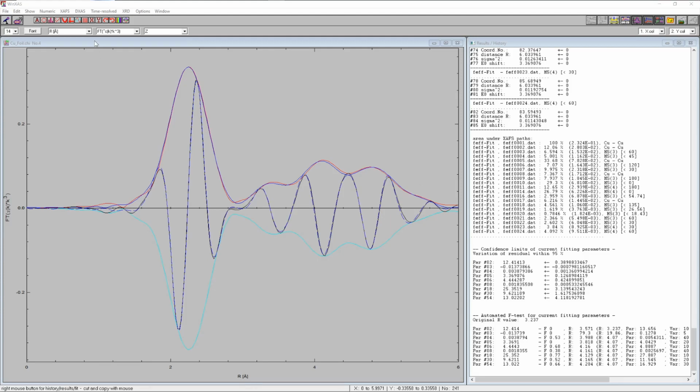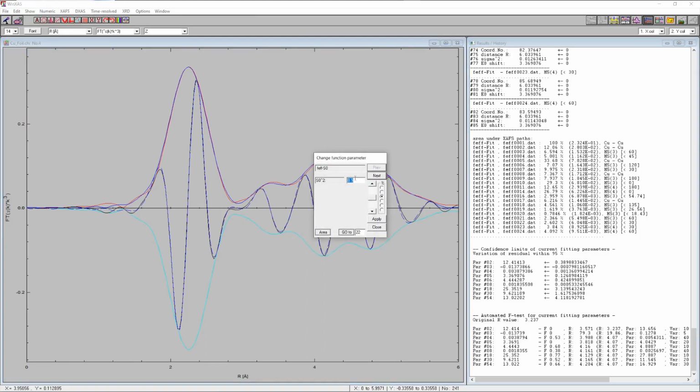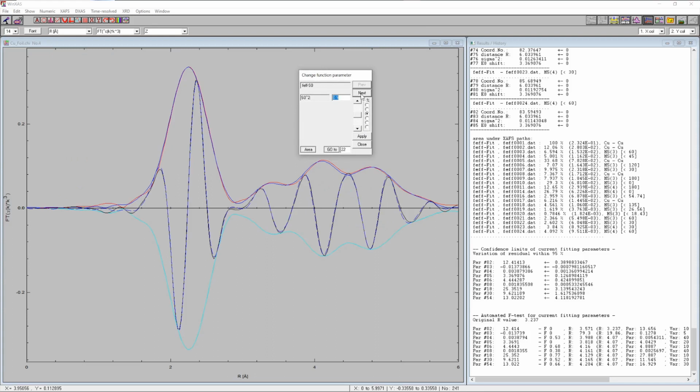Last thing we want to do now is adjust the amplitude reduction factor, because we have a coordination number here of 12.4, and we know in copper metal it's 12. So we want to adjust the amplitude reduction factor and then transfer it to the analysis of the copper clusters.